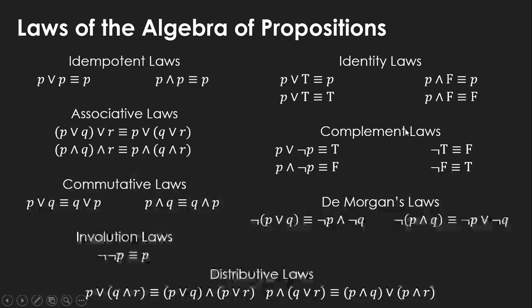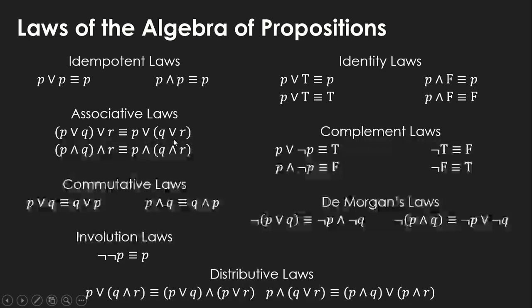Meanwhile, if the proposition is combined using the operator and, or a conjunction, with a false statement, then it will still result to the same proposition but will have a value of false.